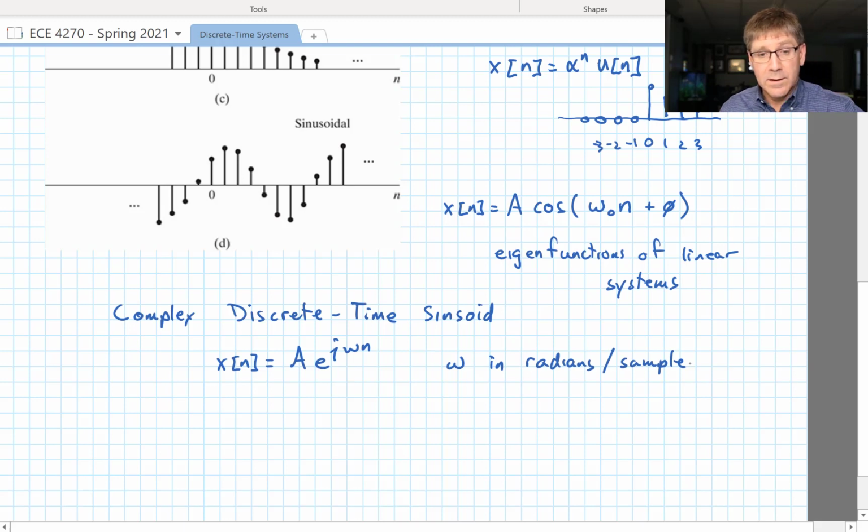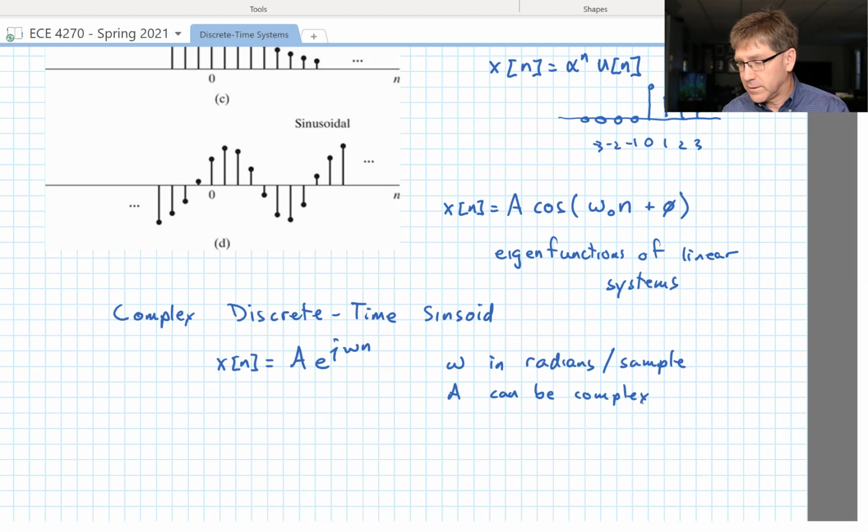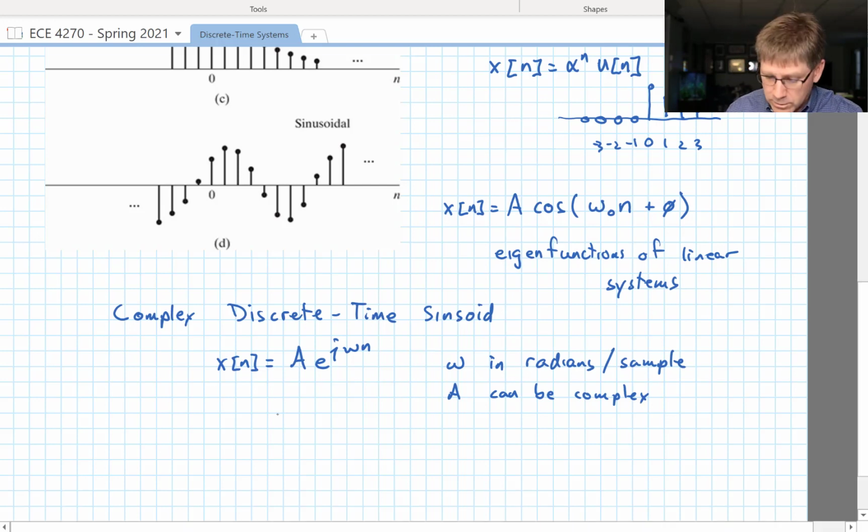It could be that A is complex. Often if you're going to have a complex value there, for reasons somewhat hidden in history, a different symbol would be used, such as a capital X. Why is that? I'm not sure.